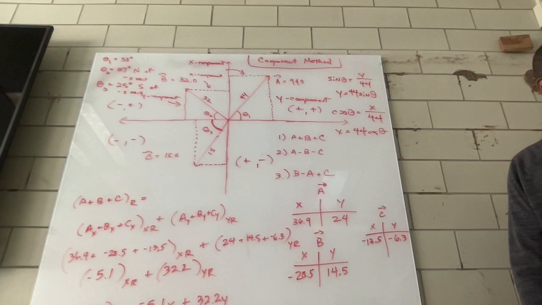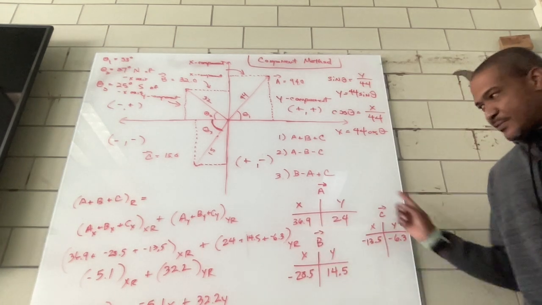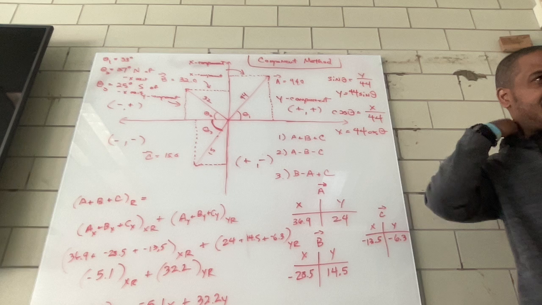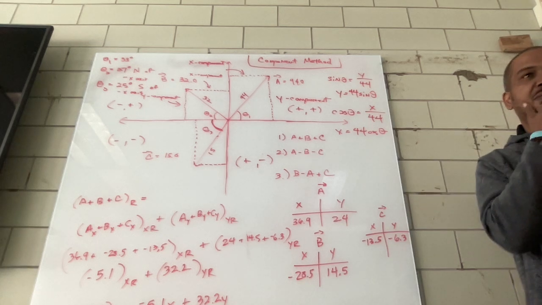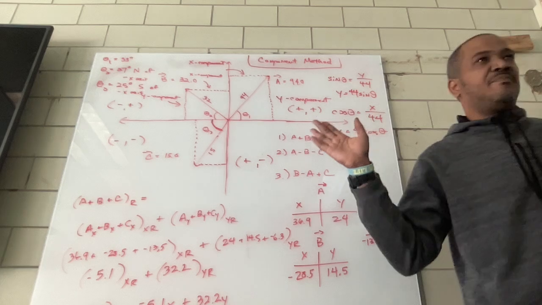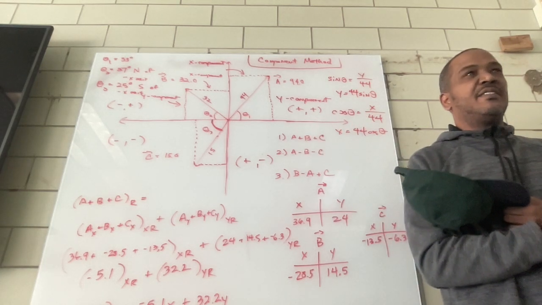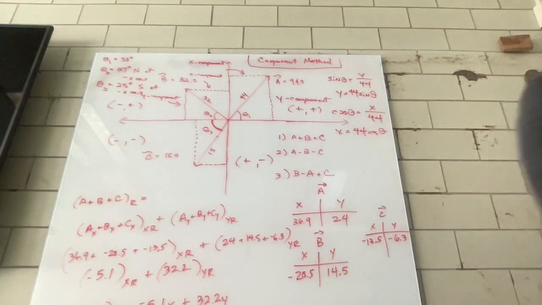Follow me? Like it's a little puzzle. That's why you do this and get these numbers first. Once you get these numbers, then it's all just a matter of keeping track of what you're doing. Being organized.